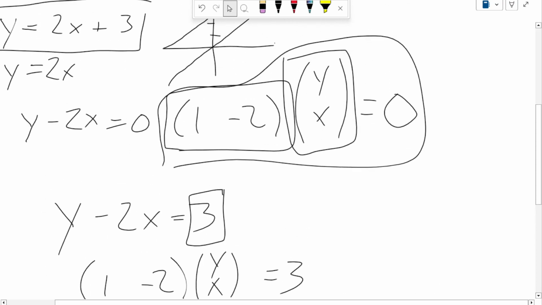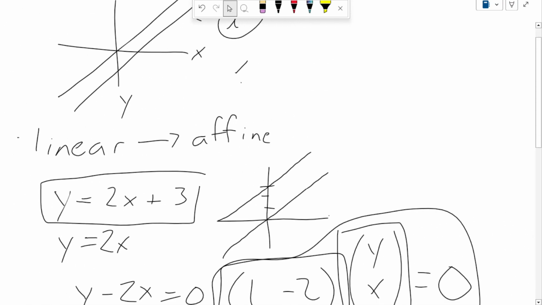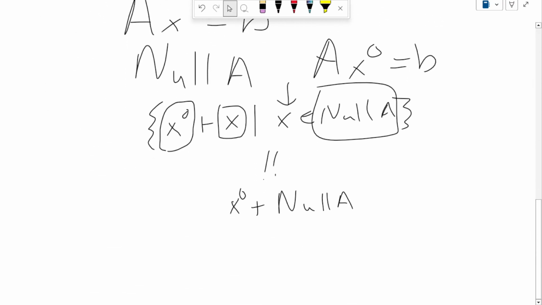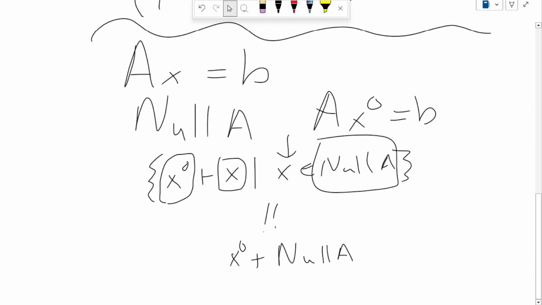But if you return to our example earlier, these two lines, how did we get this top line from the bottom line? Well, we took the bottom line and we shifted it, right? And so I'm doing exactly the same thing in general.